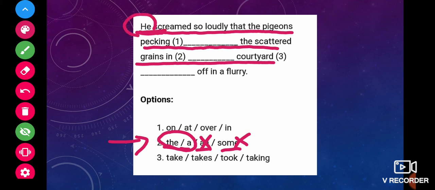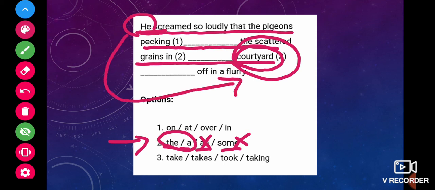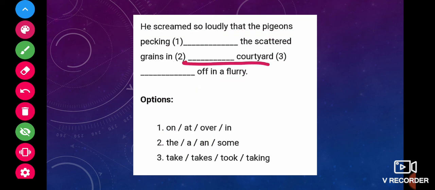So this is the boy who is standing near a courtyard. We are not talking about any courtyard. He is not standing near any courtyard. He is standing near one specific courtyard. So this courtyard is specific. It is possible that there are many courtyards, but he is standing near this specific courtyard. So as it is a specific courtyard, we will choose the option the.